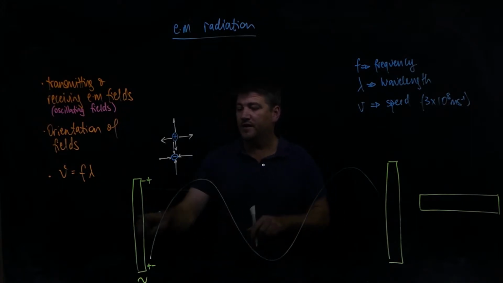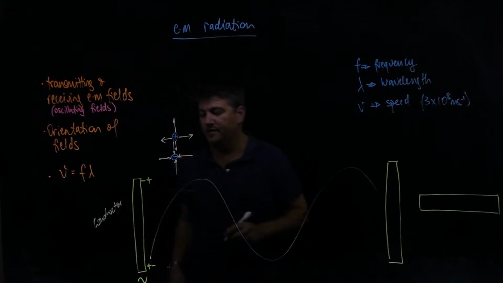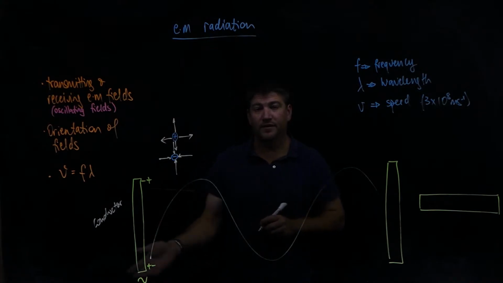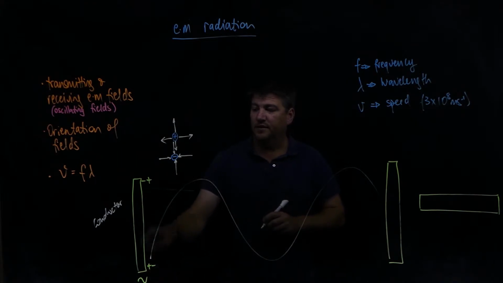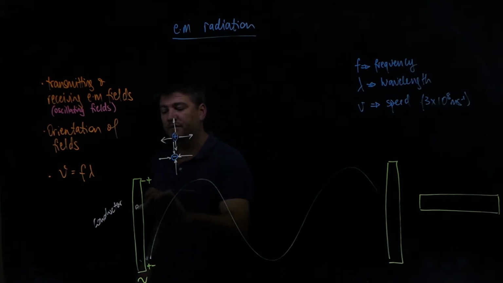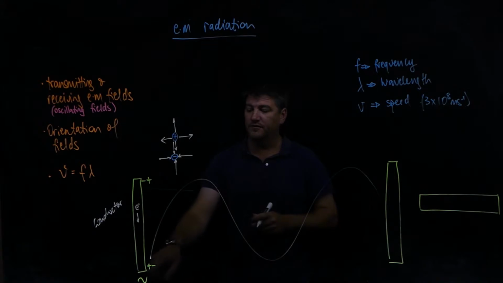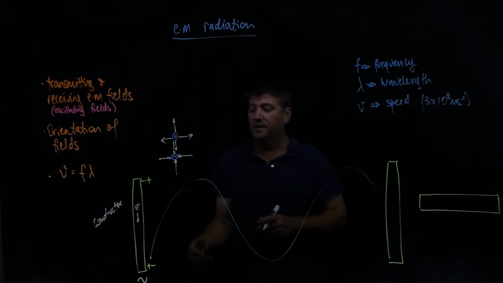So if we get an antenna like this one here, this is going to be a conductor, so charges are free to move up and down, and we're going to have a variable potential here, so it's an alternating current, positive, negative, positive, negative, positive, negative. So if I make the bottom here positive and the top here negative, what we're going to be doing is getting the electrons in this conductor flying down the bottom, because they're attracted to the positive, they're repelled by the negative, setting up an internal electric field.